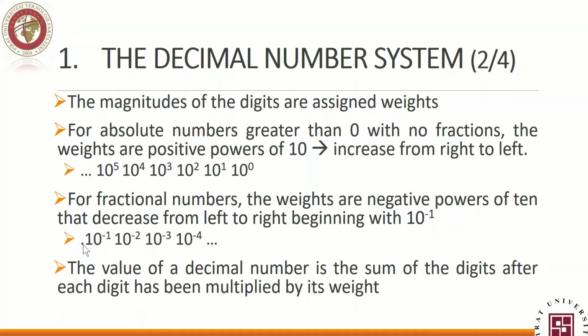In this case, the positional weight decreases. It doesn't start by 0 because that's included in the integer part of the decimal number. It goes from 10 to minus 1, or 1 over 10, and it goes until the last digit after the mantissa. Okay? So this is the idea.